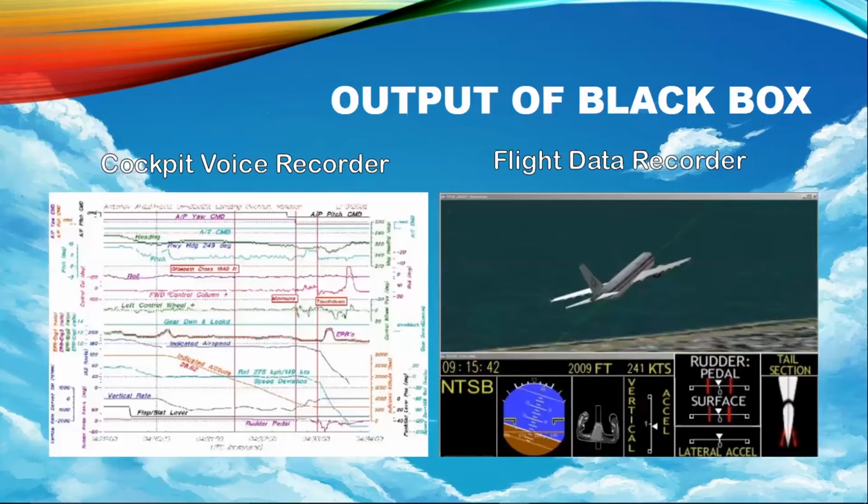Sorry for the error in this section where it said cockpit voice recorder. This is the flight data recorder. Flight data recorder information is typically presented in the form of a graph or animation used to understand the instrument readings, flight characteristics, and the performance of the aircraft during its final moments. While for the cockpit voice recorder, it will record the audio of the environment in the flight deck.